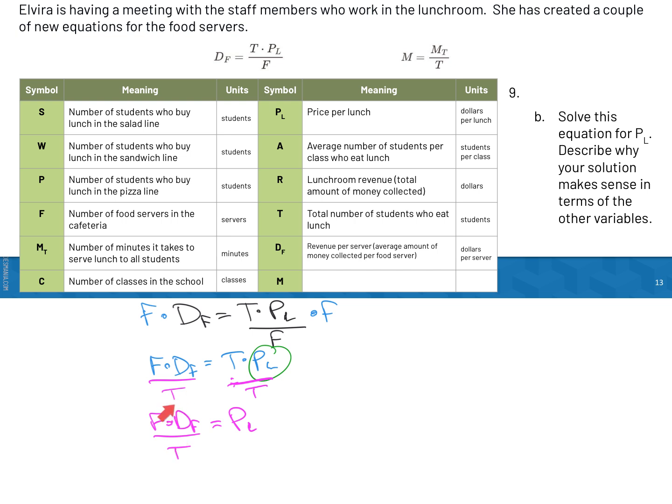This is dollars per lunch, and it has to do with the servers serving students, so that makes sense.